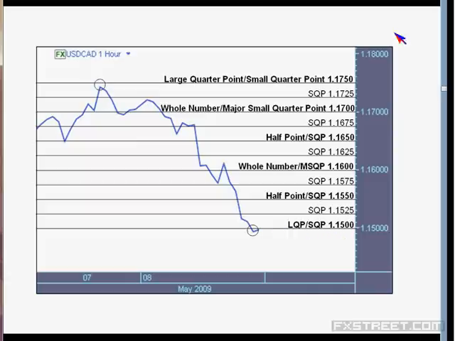Here is that 250 pip large quarter between $1.15 and $1.1750 divided into 10 equal parts, or 10 small quarters of 25 pips each. As you can see, there's a series of down and up moves here that eventually produce the completion of the large quarter below $1.1750 and $1.15.